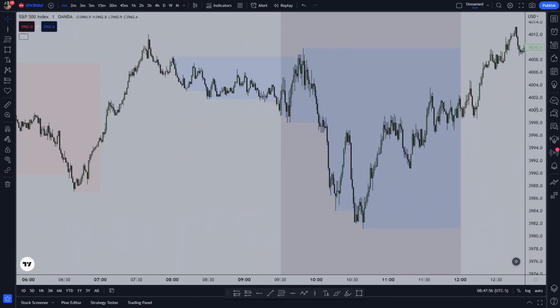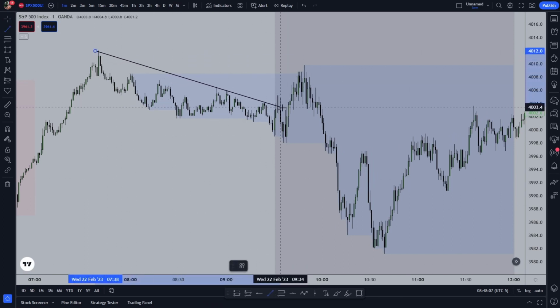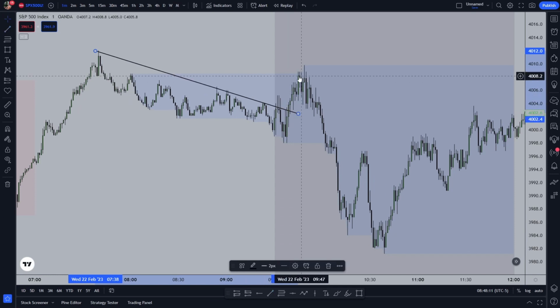See, as you guys can see over here, the price was falling, and it was making the retail traders' trend line. So price gave a breakout. Actually this is not a breakout, this is a liquidity sweep, okay?